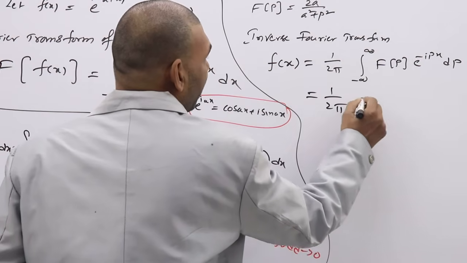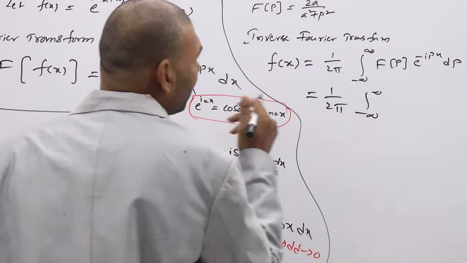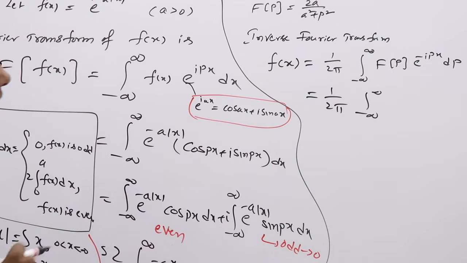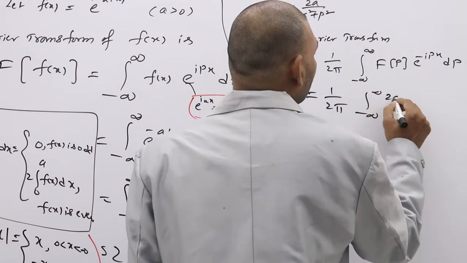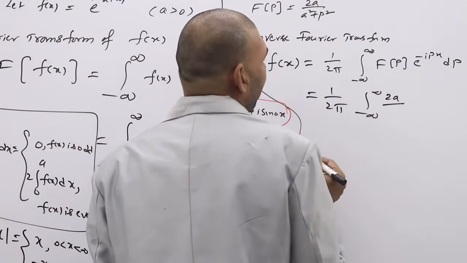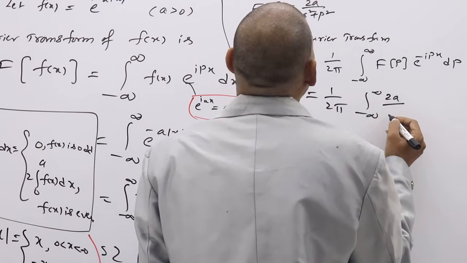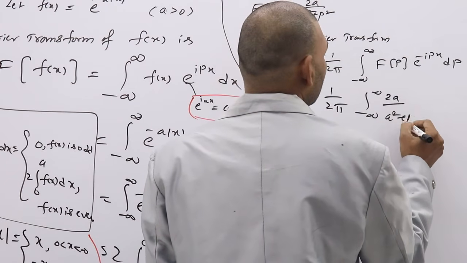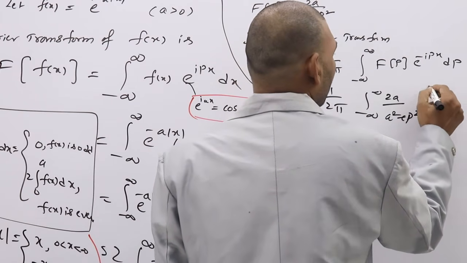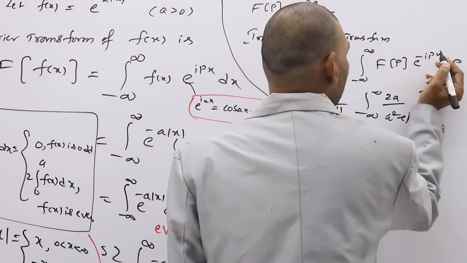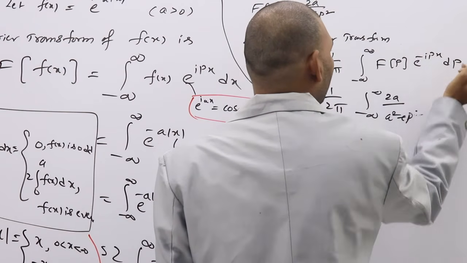1 by 2 pi integral minus infinity to infinity F of p, we have 2a by a square plus p square e power minus ipx. E power minus ipx can be written like this.